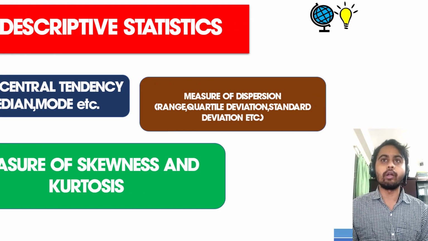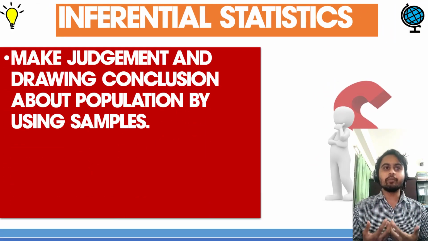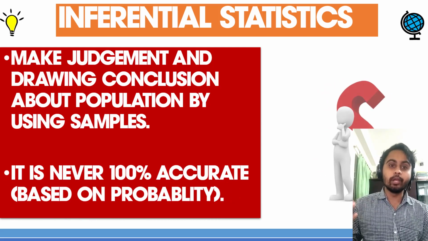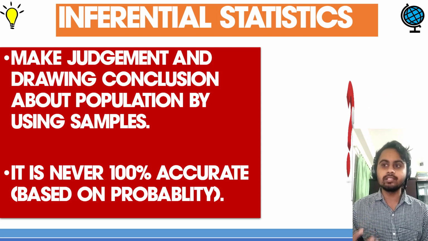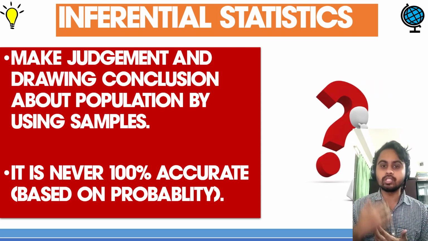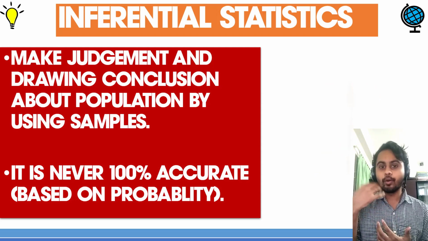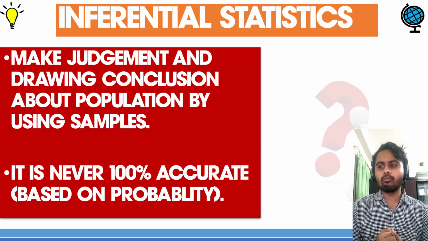And moving forward, what is inferential statistics? It means making judgments and drawing conclusions about a population using a sample. I told you in my previous class that in statistics, we do not deal with the population, rather we deal with a sample, which is a part of the population.